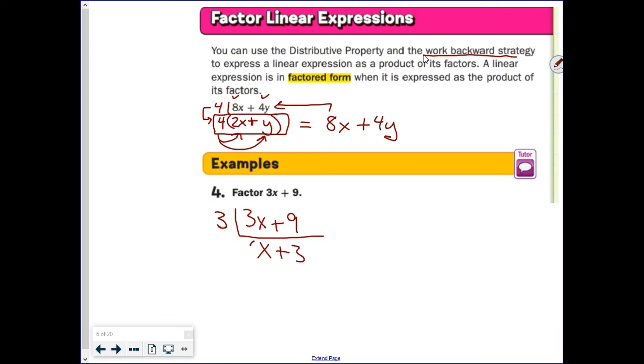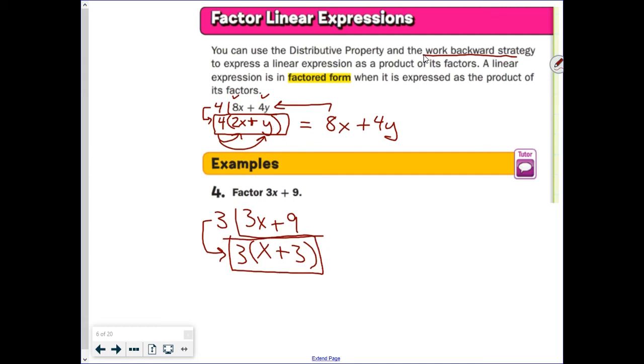What did we divide 3x plus 9 by to get x plus 3? We divided it by 3, so we're going to drop that down as our factor outside the parentheses. So we end up with 3 times (x plus 3).